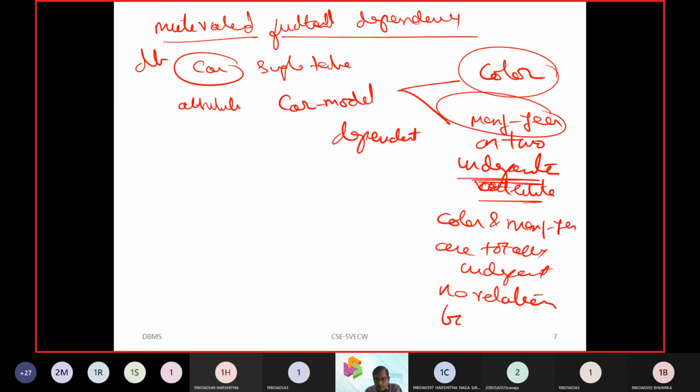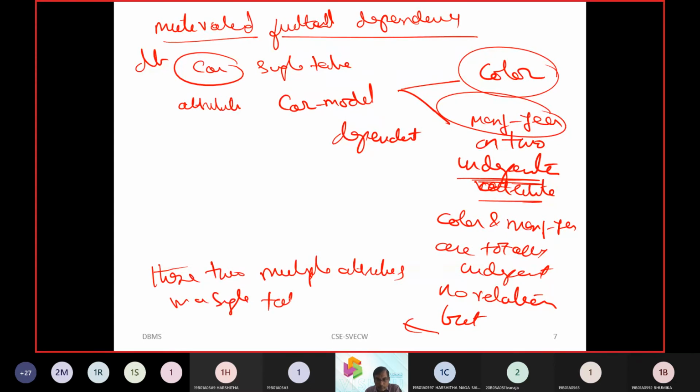But these multiple attributes in a single table are needed to generate the car model. Even though there is no relationship between color and manufacturing year, we still need both of them to generate the car model.